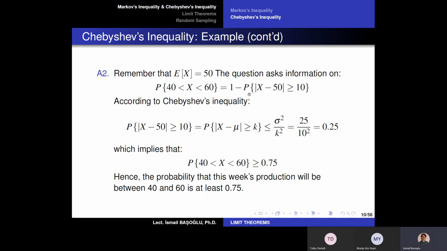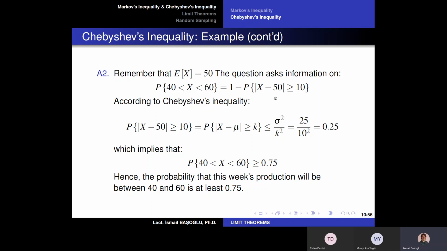cannot be known, maybe. However, according to Chebyshev's inequality, the probability that a random variable deviates from its mean by at least 10 units is less than or equal to the variance of that random variable divided by the square of 10, and that is going to be 0.25. So the probability on the right-hand side is less than or equal to 0.25.